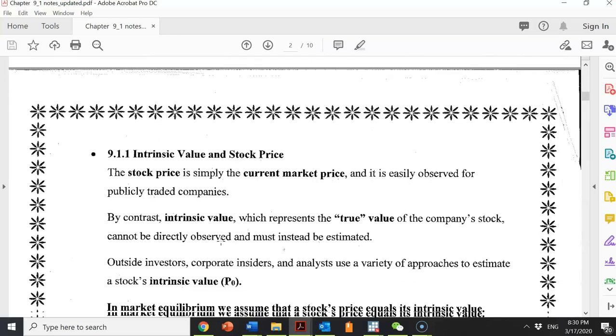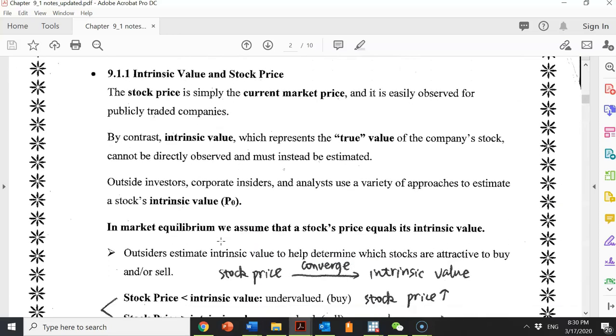So let's first take a look at what is intrinsic value and stock price. The stock price is simply the current market price, and it is easily observed for publicly traded companies.